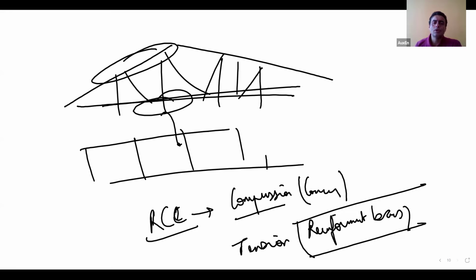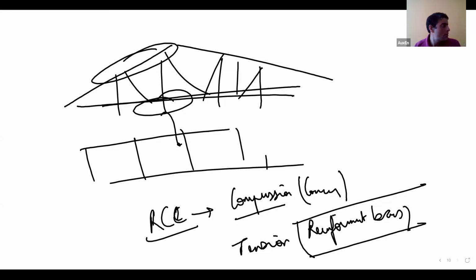So when the use of RCC started, let's say 100, 150 years ago, a lot of other structural systems evolved, because now you had a material which was good in taking compression and also good in taking tension. And RCC was a material which you could mold in whatever shape you wanted as well.